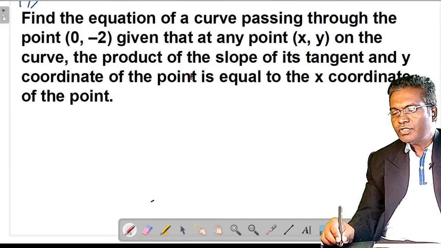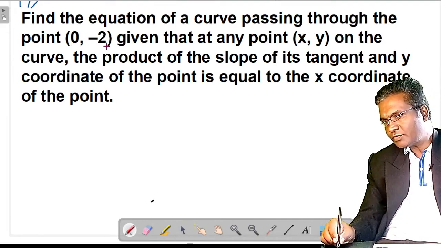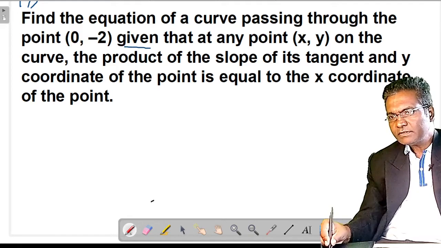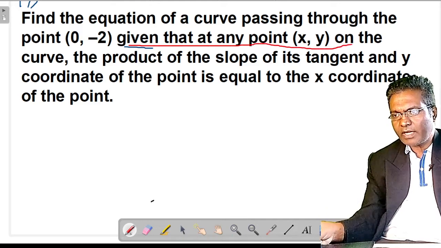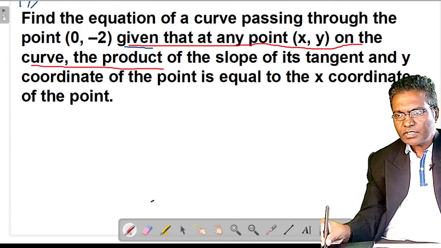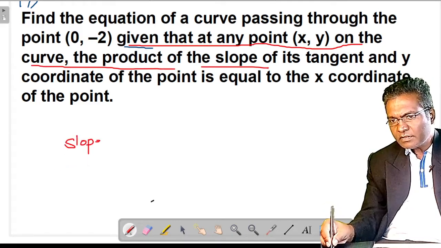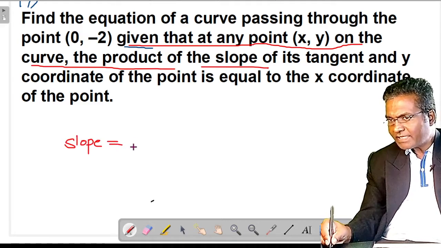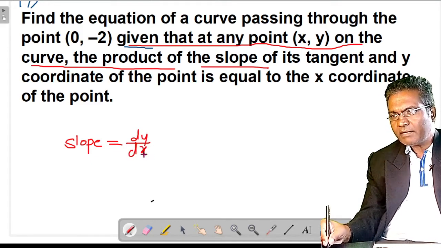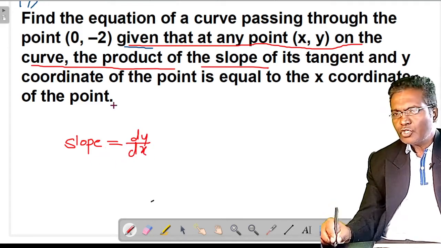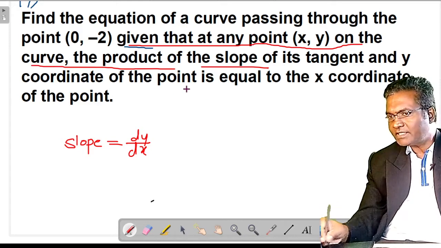Understand, you need to find the equation of the curve passing through the point 0, minus 2. You are given that at any point x comma y on the curve, the product of the slope of the tangent, which is denoted by dy by dx, and the y coordinate of the point is equal to the x coordinate.